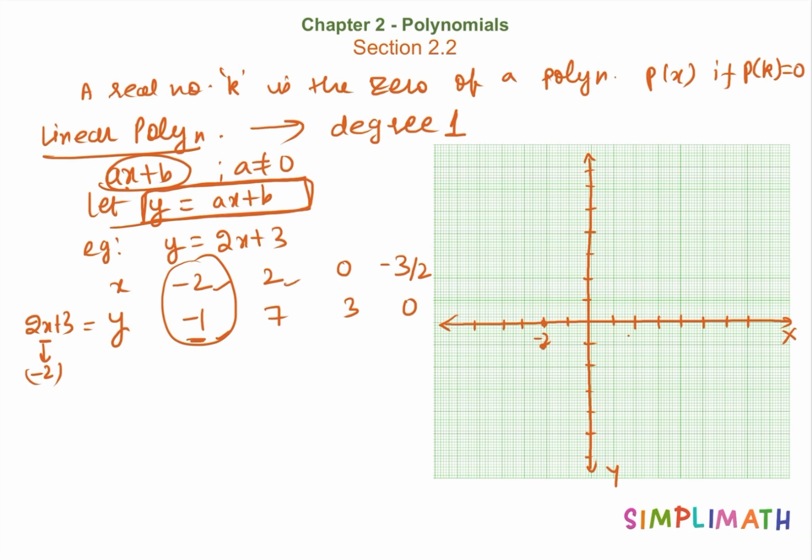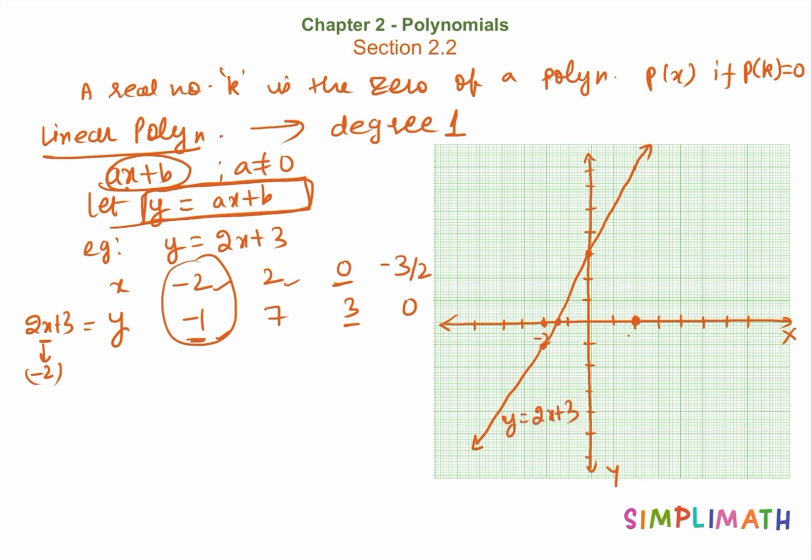If x equals 2, then y equals 7. If x equals 0, then y equals 3. If x equals minus 3 by 2, then y equals 0. Now when we connect all these points, what do we get? We get a straight line, which is y equals 2x plus 3.